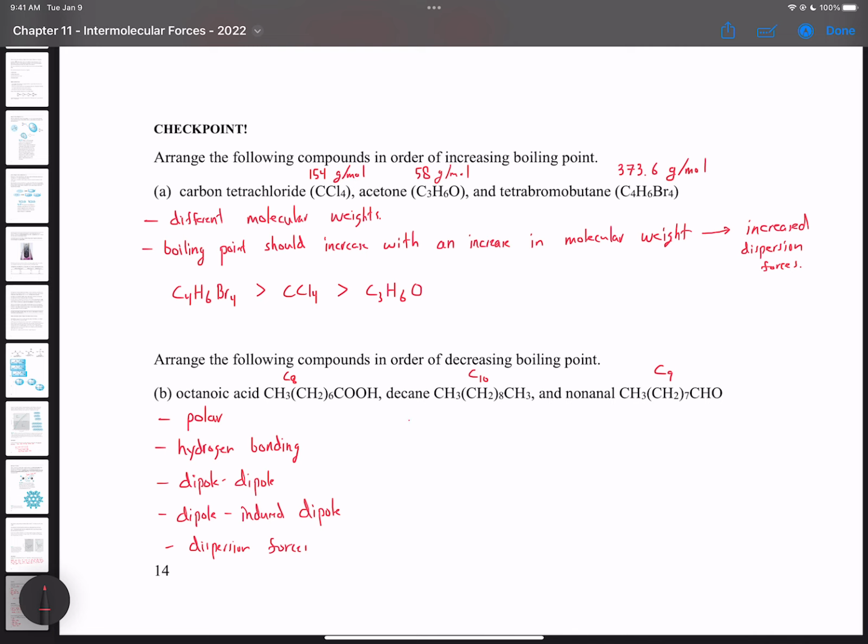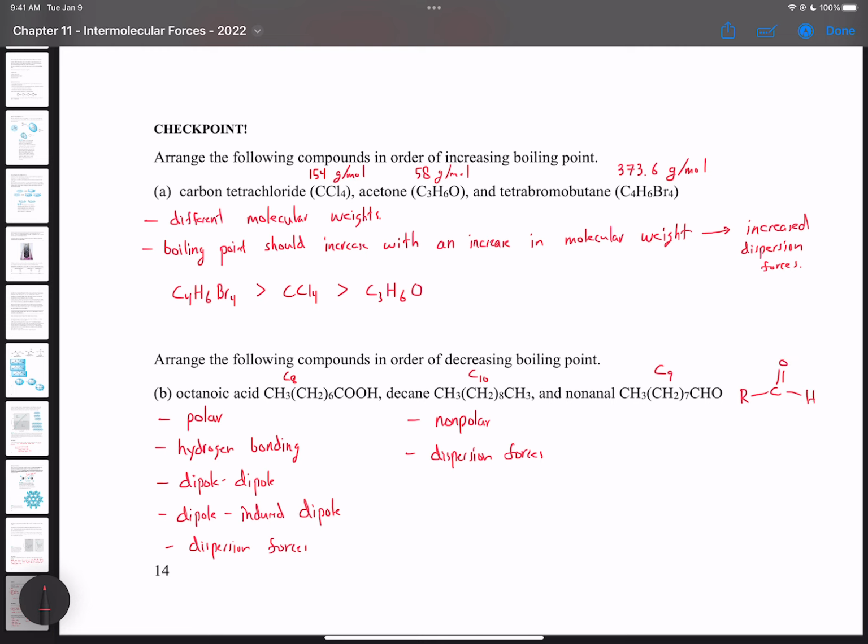So decane, though, is nonpolar and only has dispersion forces. Okay. Now nonanol is polar, but it does not have hydrogen bonding. So nonanol, the CHO is this. So imagine this R group is the carbon atoms, and then this has a C double bond O, but the H isn't attached to the oxygen, it's attached to the carbon.